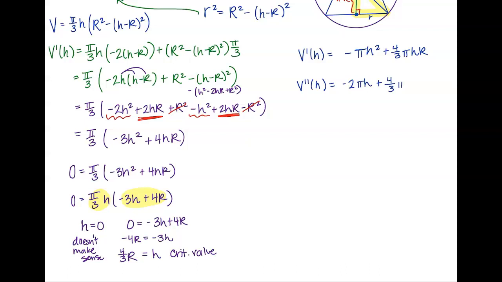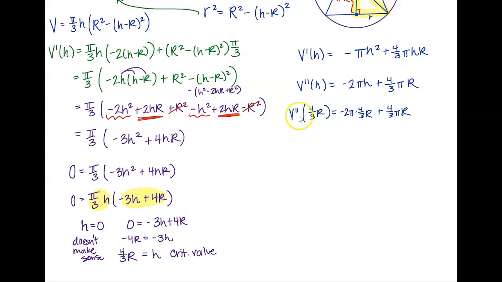4/3 pi r. So let's use the second derivative test here, plug in the critical value into the second derivative and see what happens. So if I do v double prime of 4/3 r, I'm going to get negative 2 pi times 4/3 r plus 4/3 pi r.